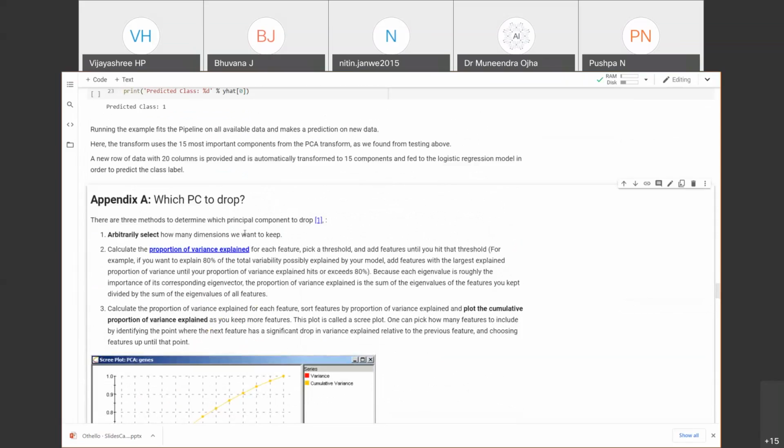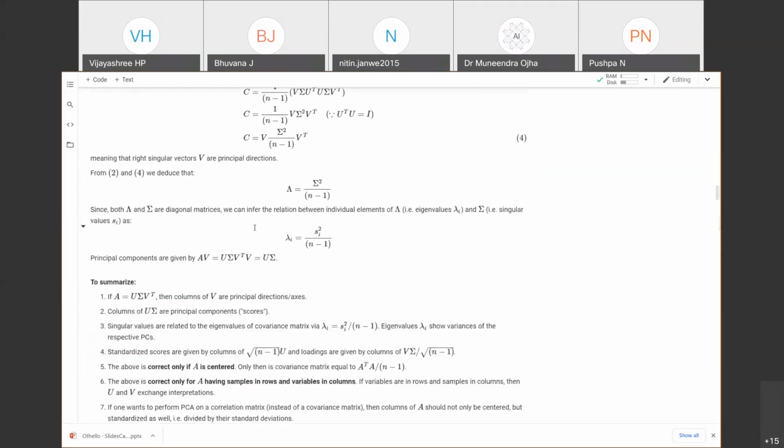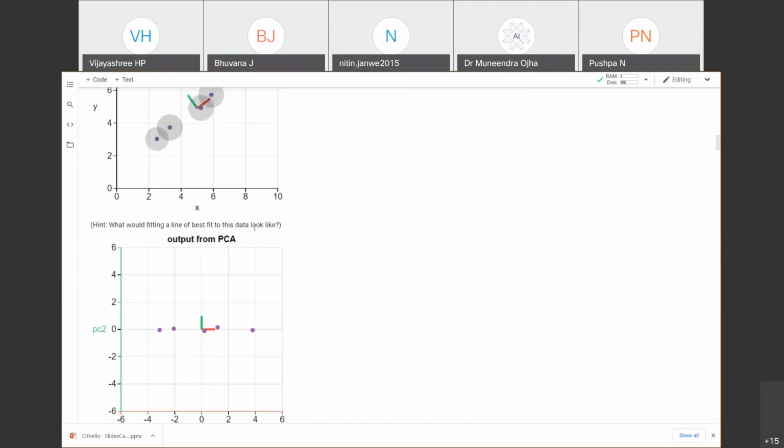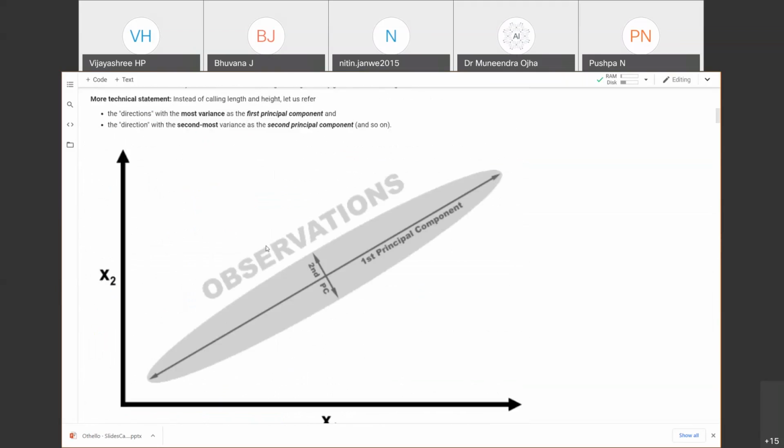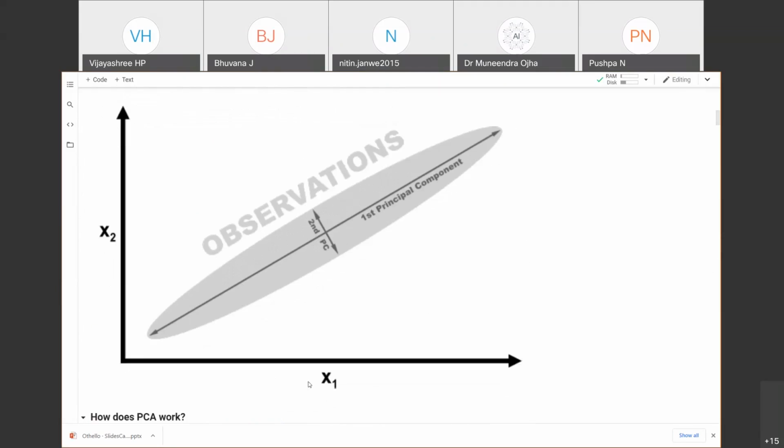So as you know, in the last class, I discussed how principal components are calculated. What are principal components? Principal components are nothing but the projection of your data points on a new coordinate axis in a new direction. Initially, the original data matrix is in the direction x1 and x2.